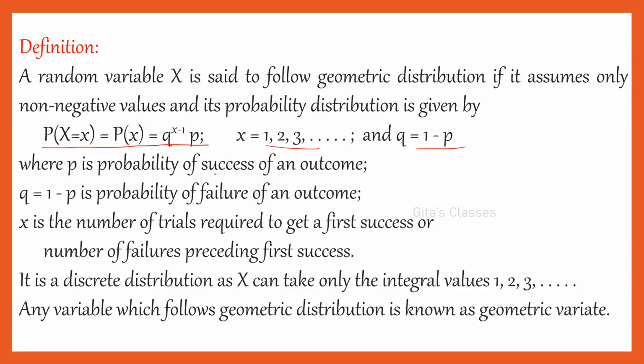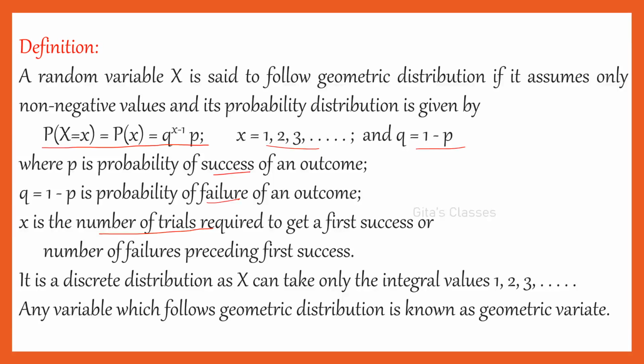What is this p? Always success. q is our failure, and X is the number of trials required to get the first success. Or you can say the number of failures preceding the first success. Before getting the first success, how many failures are occurring before that? Okay, and it is a discrete distribution, as X can take only the integral values 1, 2, 3, and so on.